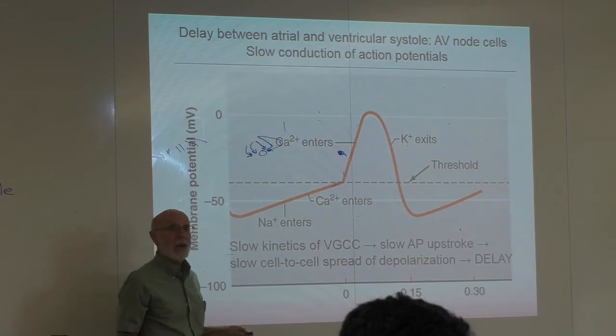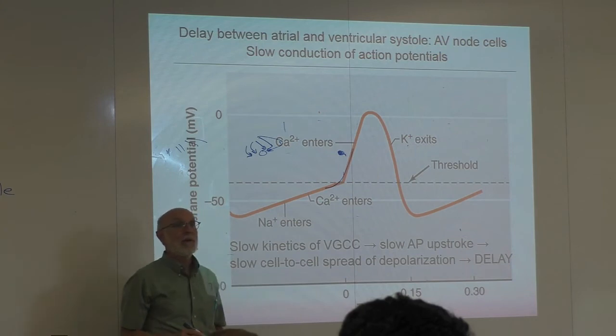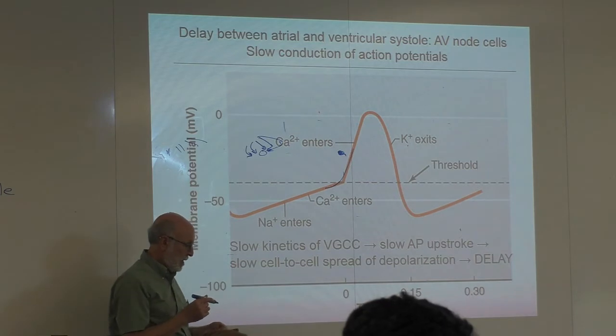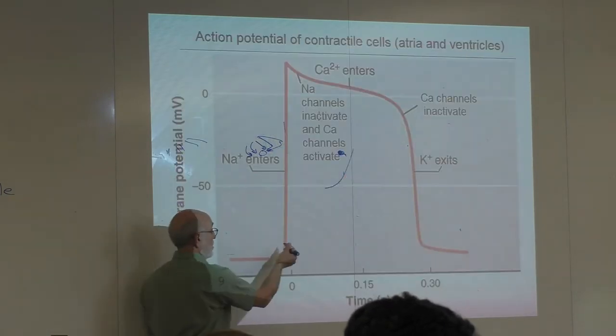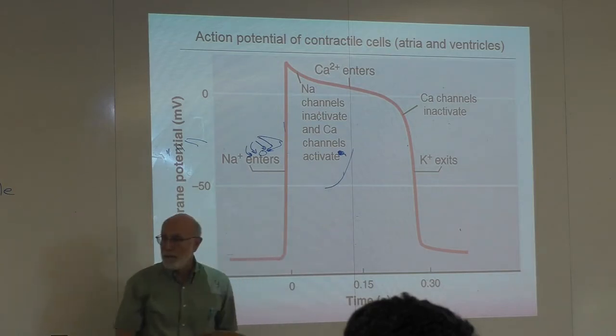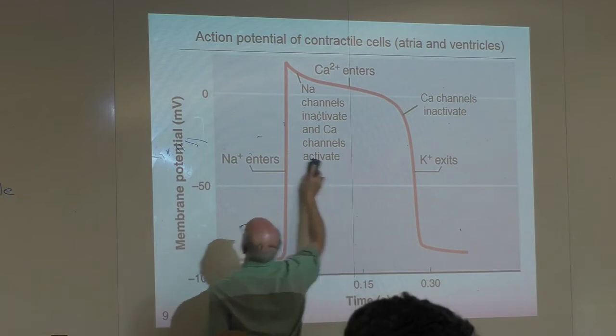We spread slow because we have a slow action potential. And the difference between a fast action potential and a slow action potential is the presence or not of the voltage-gated sodium channels.